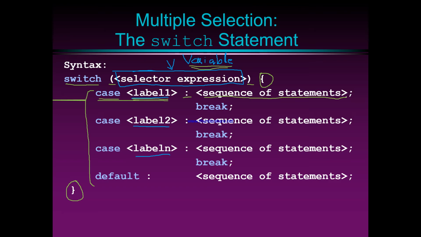It can be multiple lines or a single line of statements. You can even call functions in this sequence of statements. Here you can see that every case is stopped by a break statement. This break is with the first case, this break is with the second case, and this break is with the third case.